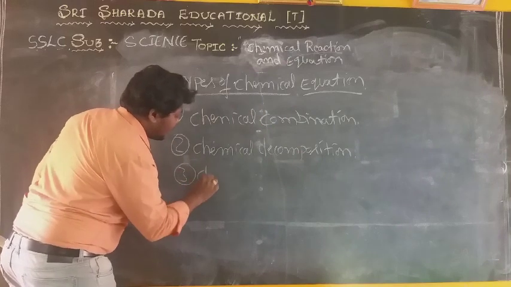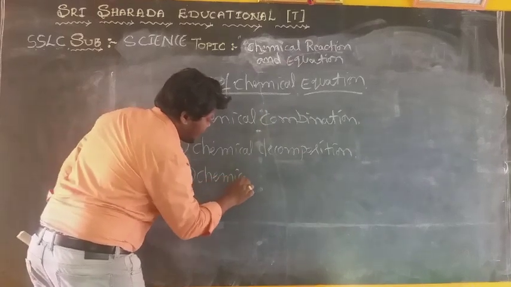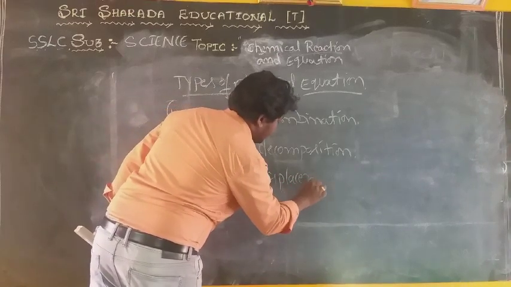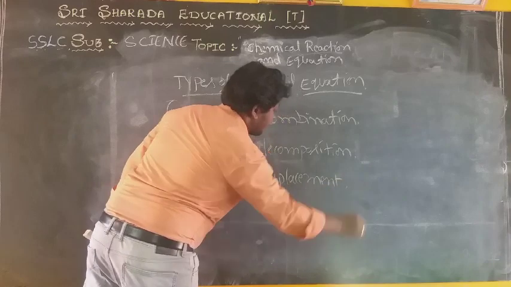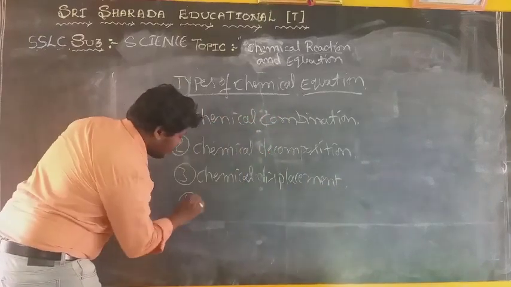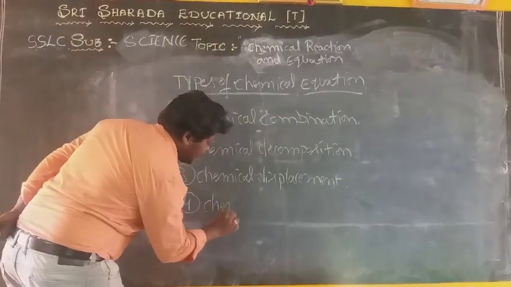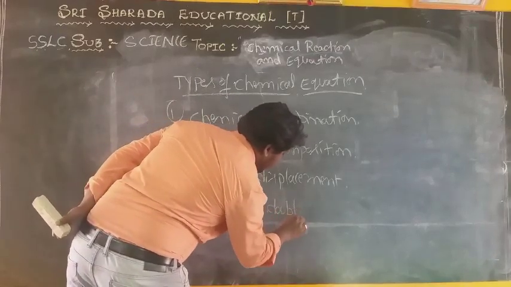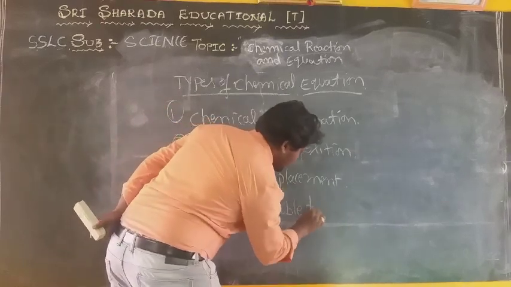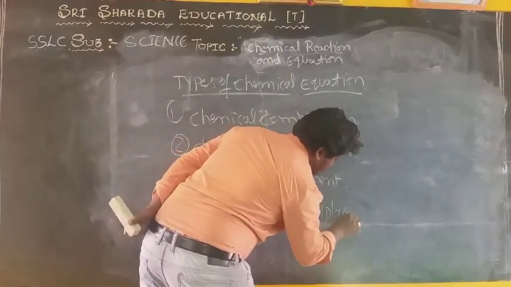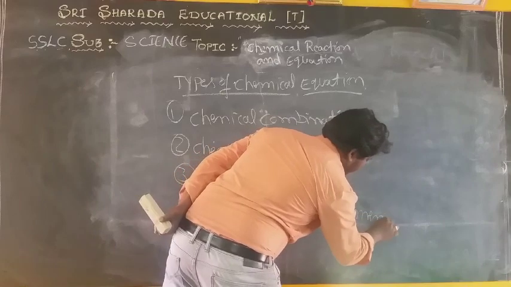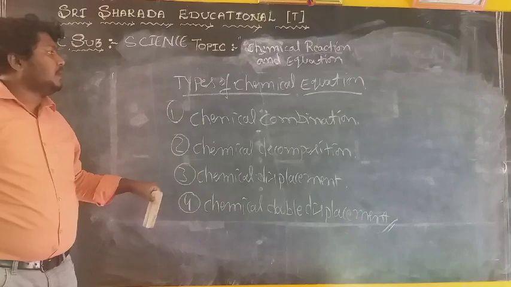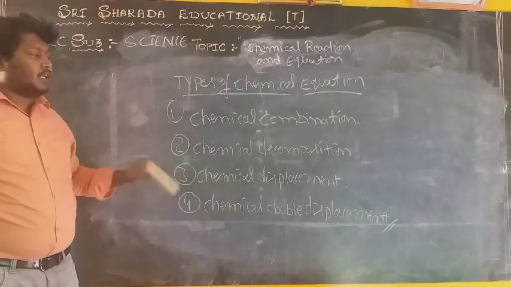Third one, chemical displacement. And fourth one, chemical double displacement. So these are the major types of chemical equation.